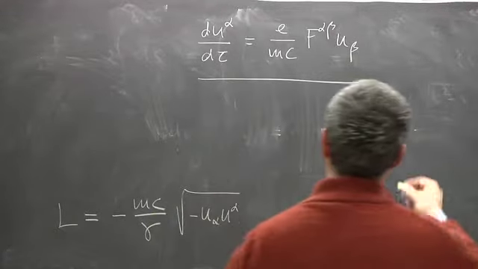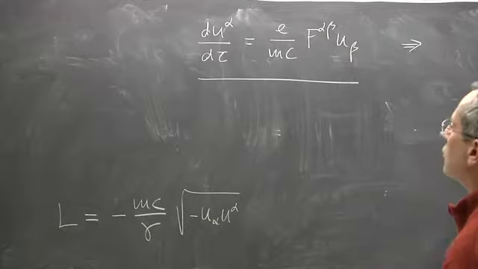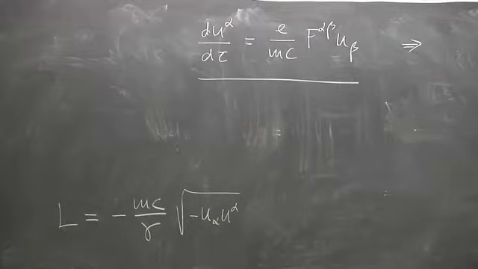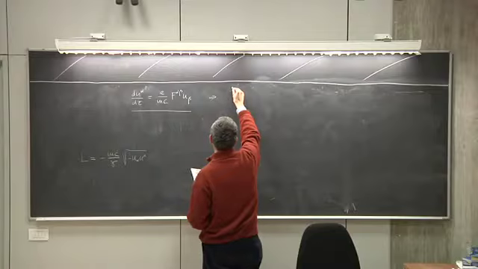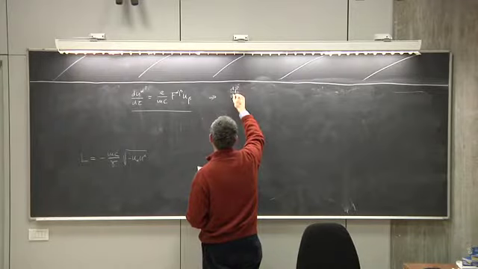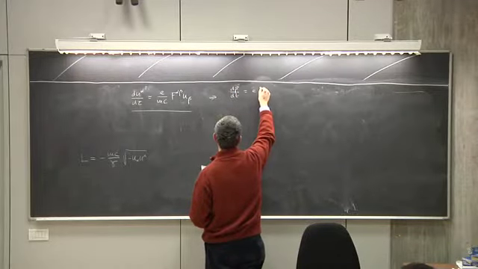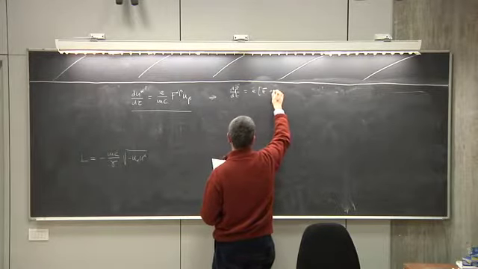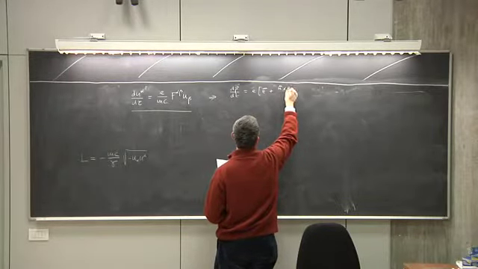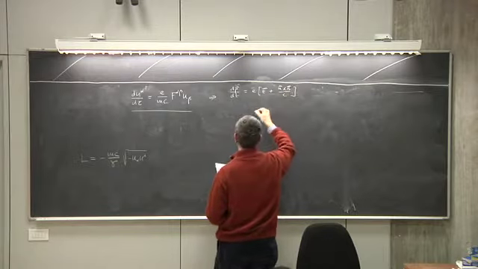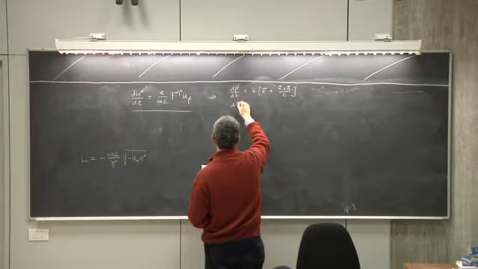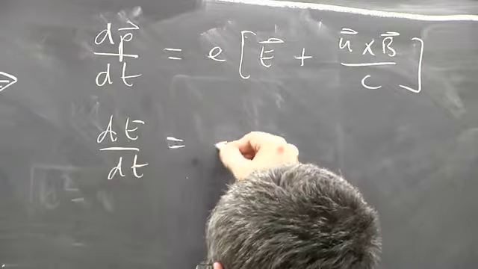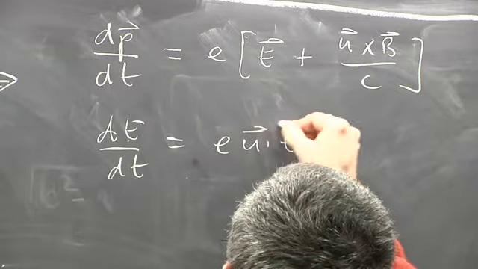I showed you last week that this is equivalent to the Lorentz force, dp/dt equal E plus u cross B over c in this unit, and dE/dt equal eE dot v.